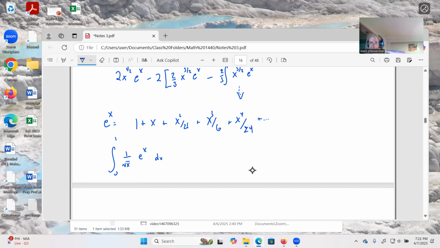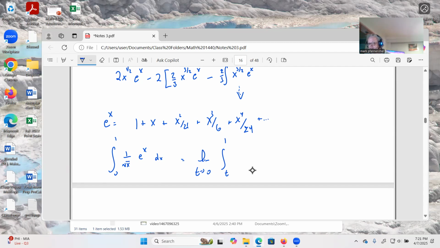So there's a couple of things that have to happen first. First off, you may notice that putting in 0 for this, we get 1 over 0, which is bad. So we're going to say, nope, we need a limit as t goes to 0 of the integral from t to 1, because putting 0 in there, we're going to have some indeterminate forms.